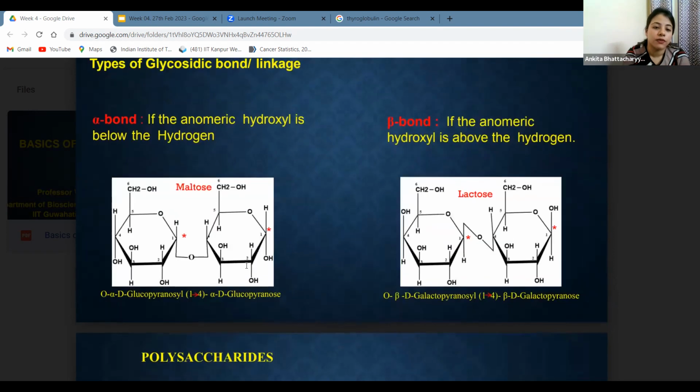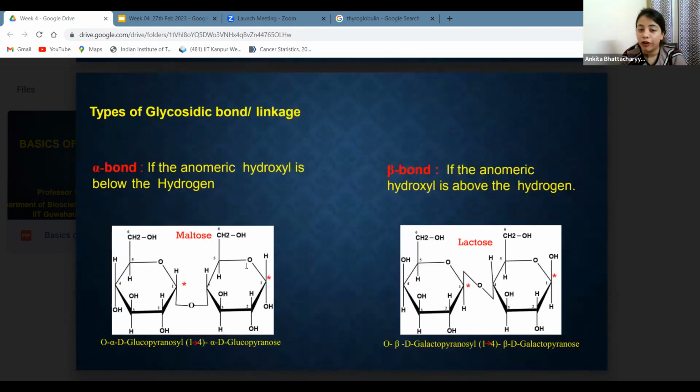Then come the alpha and beta bonds for the glycosidic linkages. Here you see maltose and lactose, which are two disaccharides, and you can see that the linkage between them is different. When the linkage is between carbons 1 and 4, if the anomeric hydroxyl group is below the hydrogen, then that is the alpha bond, denoted in this manner in the Haworth projection, giving rise to an alpha glycosidic linkage between the two.